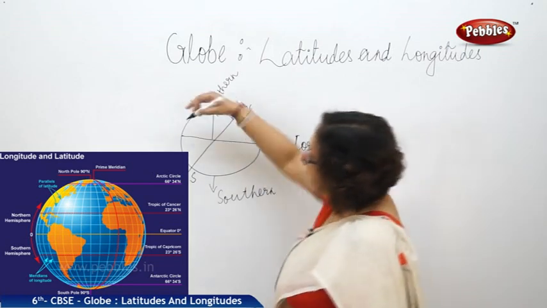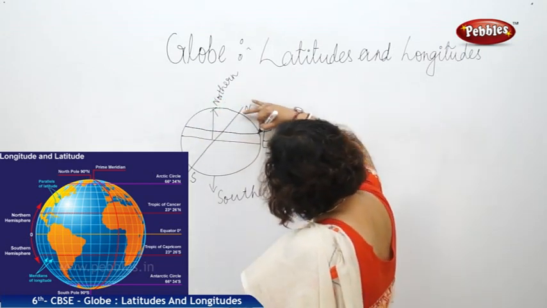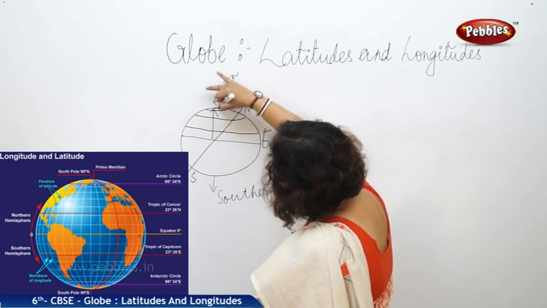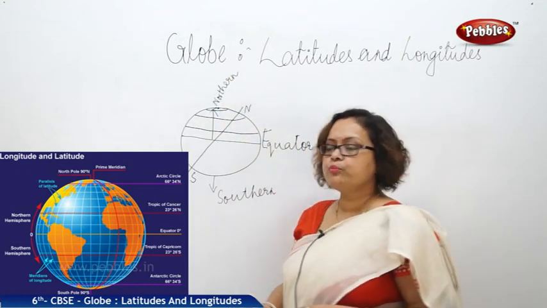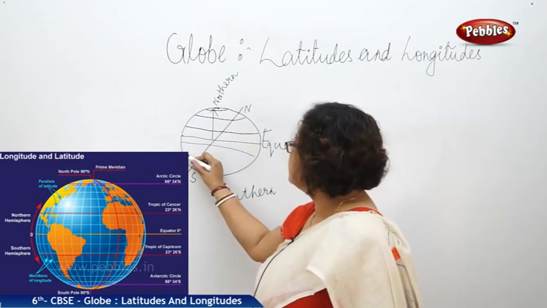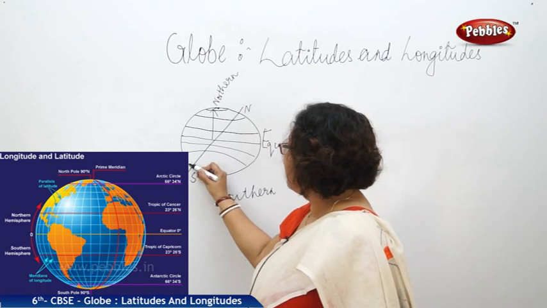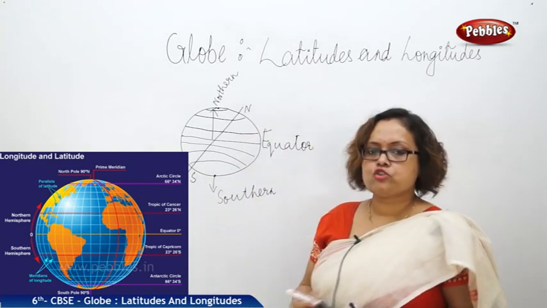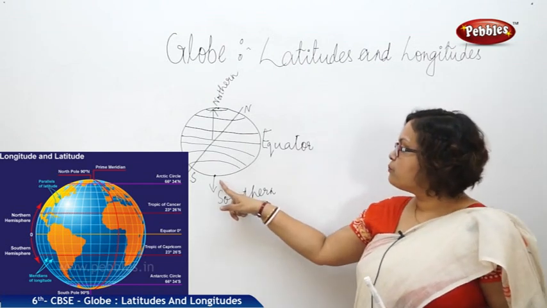These parallel circles are also covering the earth and ultimately they become just like a dot at the North Pole. The same way we can find in the southern hemisphere also, where it is just like a dot. This is known as the pole.